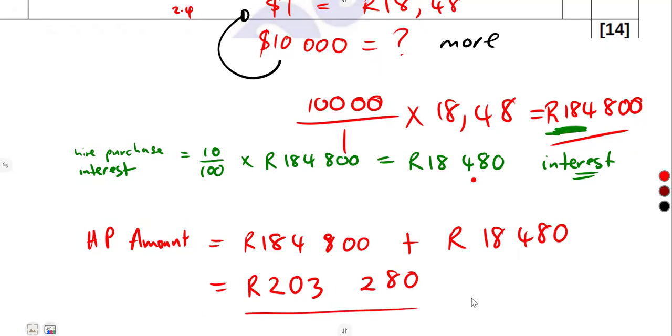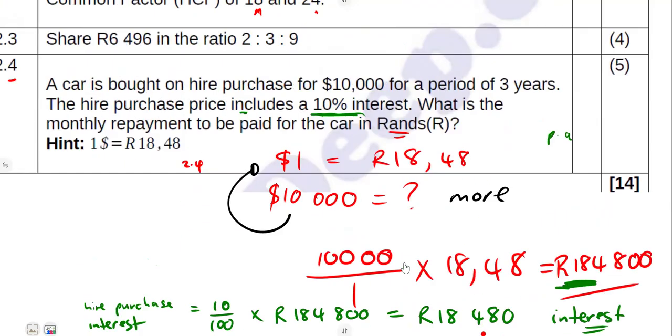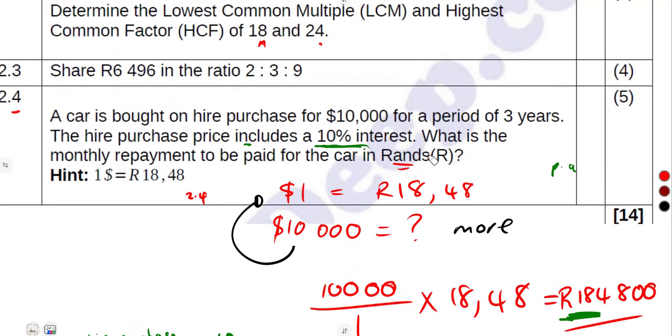So this is the hire purchase amount, the total amount to be paid.